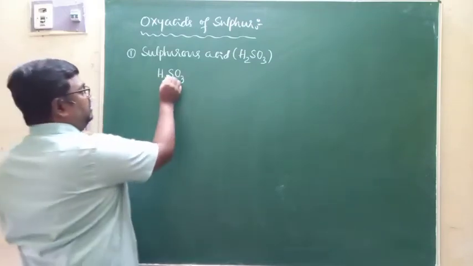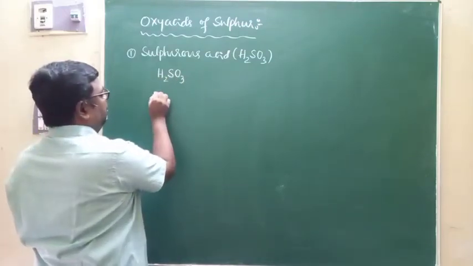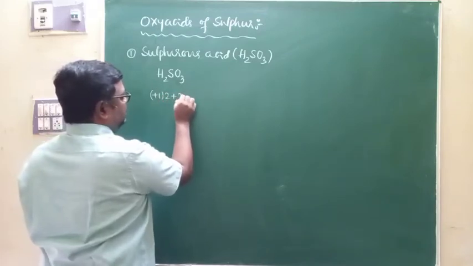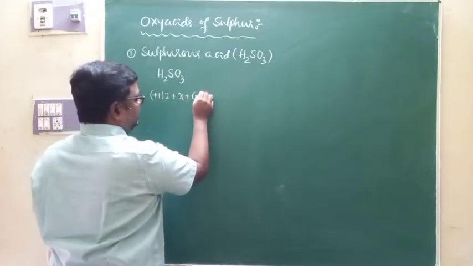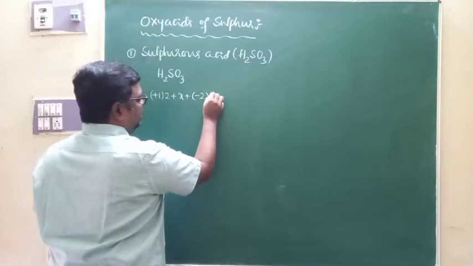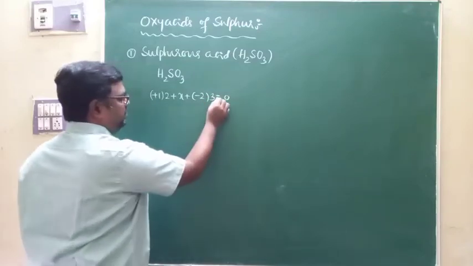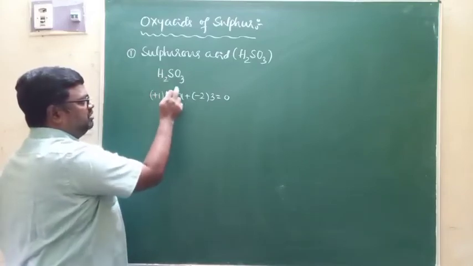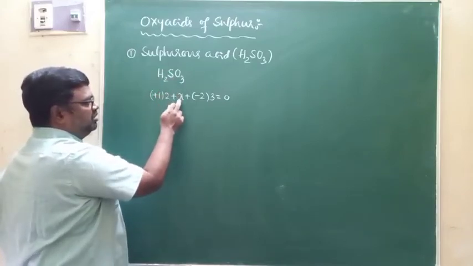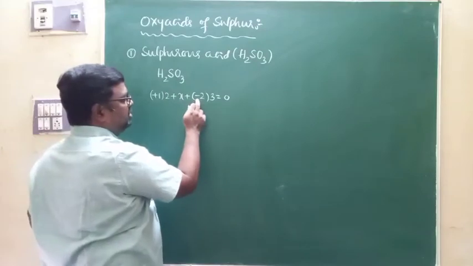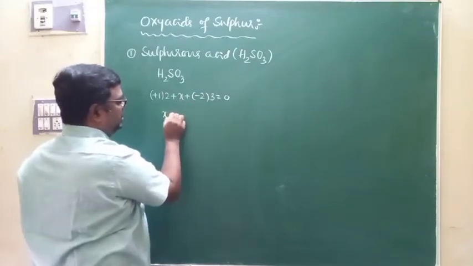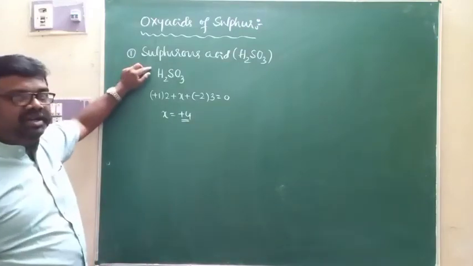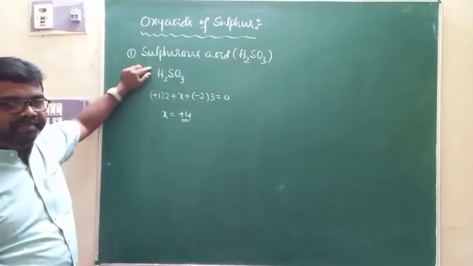In the case of H2SO3, the oxidation number of sulfur is to be calculated, that is X, and oxygen is -2, and there are 3 of them, and the sum equals 0. The oxidation number of hydrogen is +1 into 2 hydrogen atoms. X is the oxidation number of sulfur, oxygen is -2 into 3, therefore X is equal to +4. This is the oxidation number of sulfur in H2SO3.